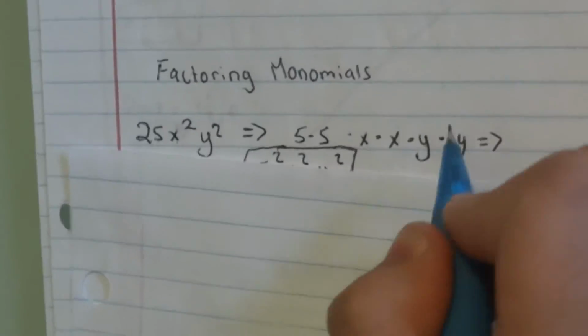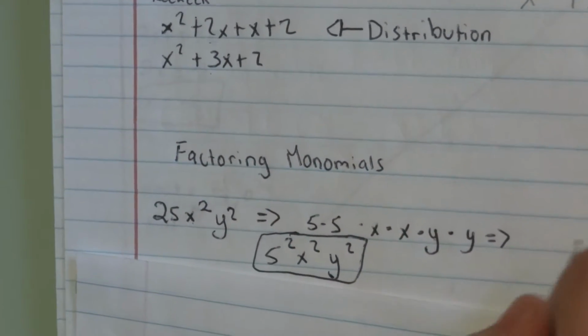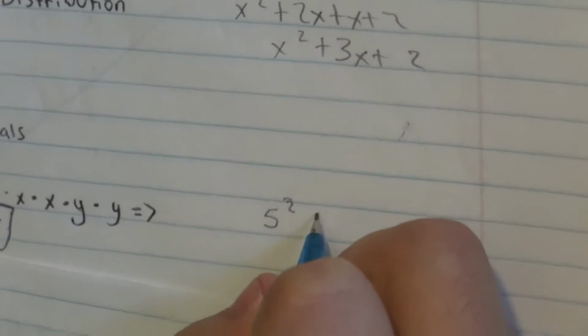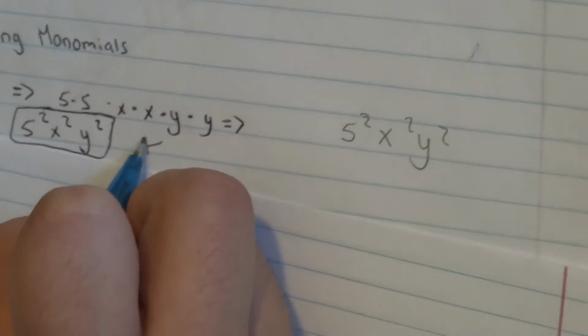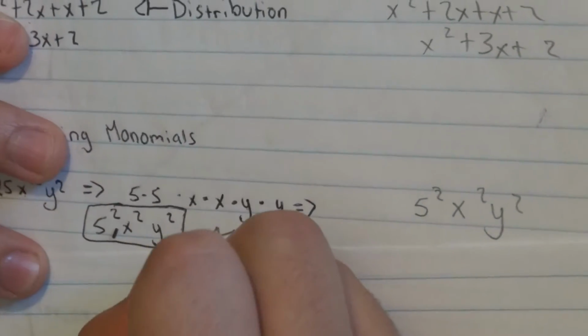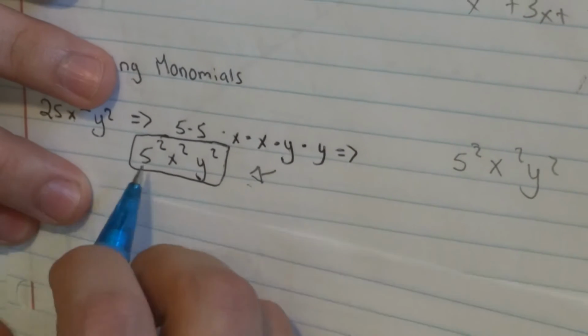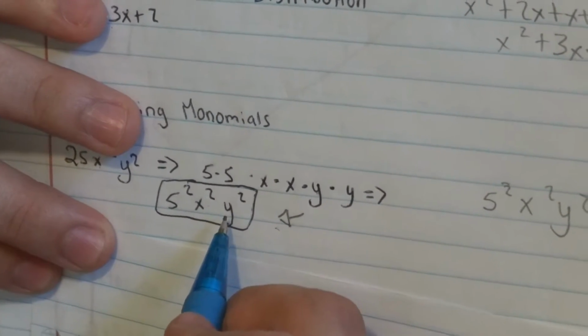Also, y times y is equal to y squared. So common sense would tell us to do 5 squared x squared y squared, and that's where you get your answer. Right there. 5 squared, x squared, and y squared.